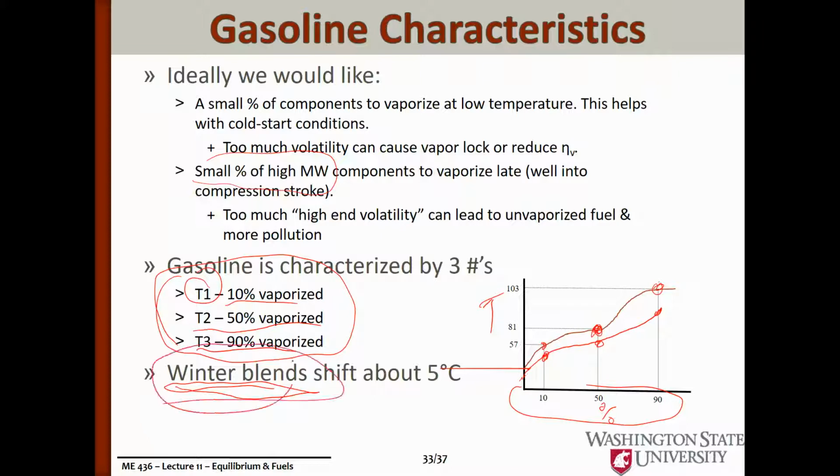So that's what we mean by winter blend. And all you're doing is changing the ratio of some alkanes to alkenes, or reducing the toluene in the fuel, to get these vapor points. And the convenient factor is, since the molecules in all of these fuels have generally the same energy on a mass and a volume basis, it doesn't change the energy density of the fuel all that much.